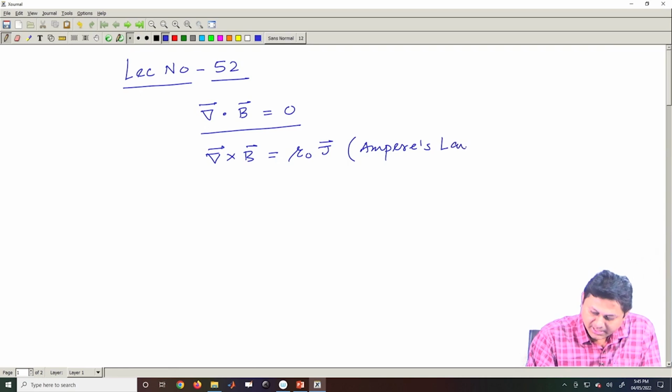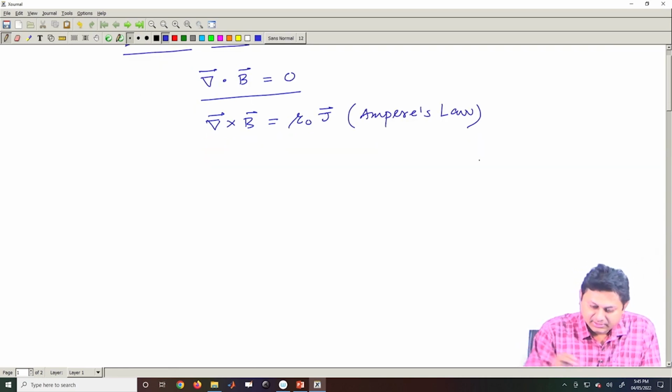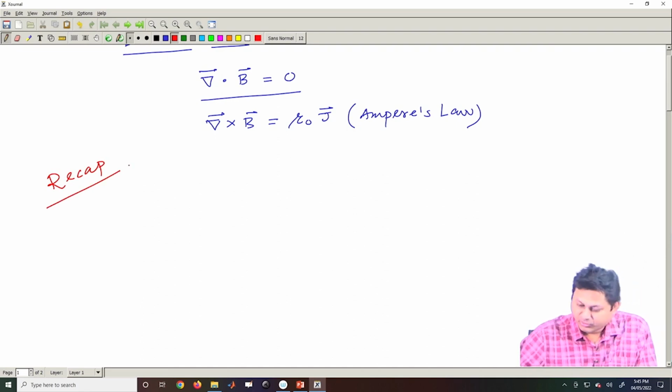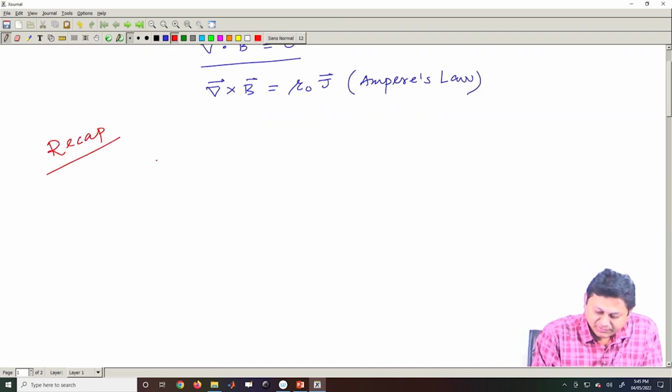And we are going to derive this today. But before that, let me quickly recap what we have done. We did the Biot-Savart law.